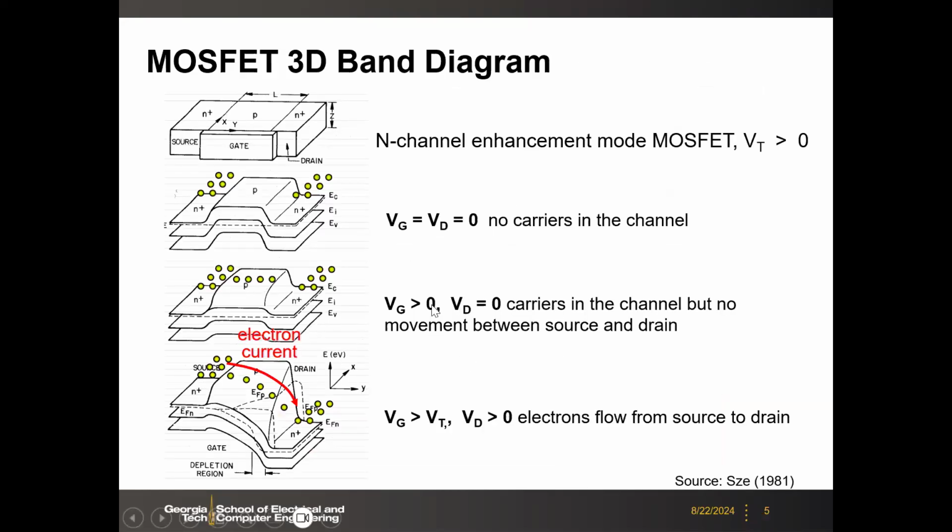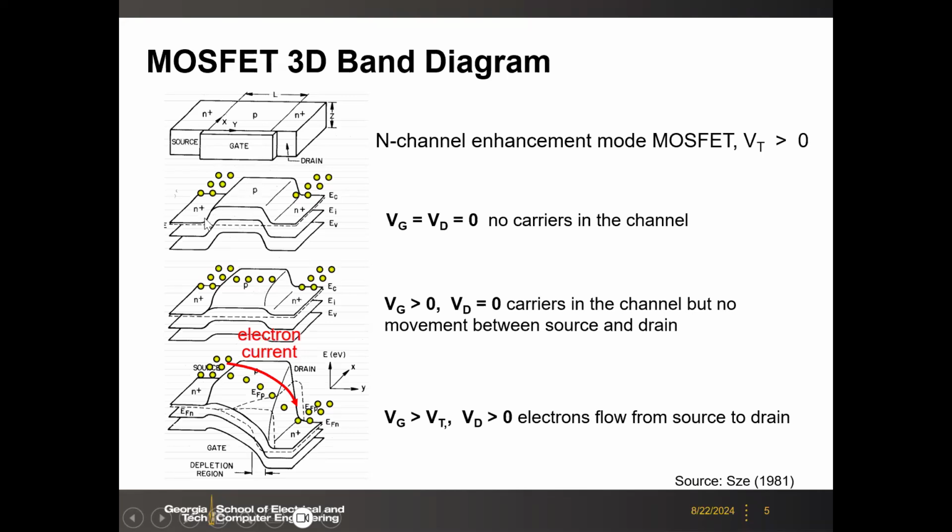So if you look at the MOSFET device physics, what is important is to understand the band diagram, especially from the 3D view like this. So here, if you look at the band diagram from the source to the drain, in the 3D view, here we have to lay down the transistor by 90 degrees to be aligned with this kind of 3D view.